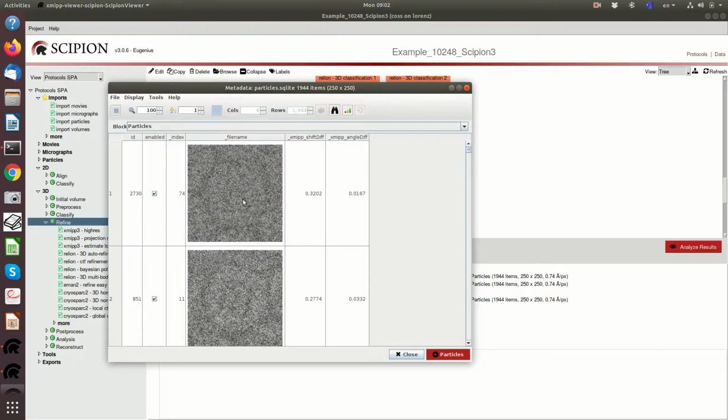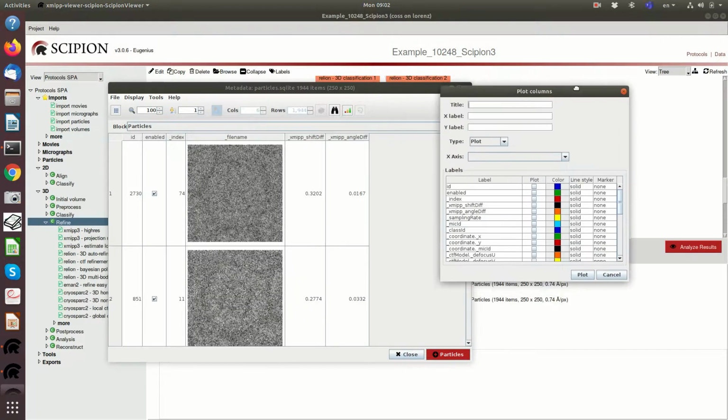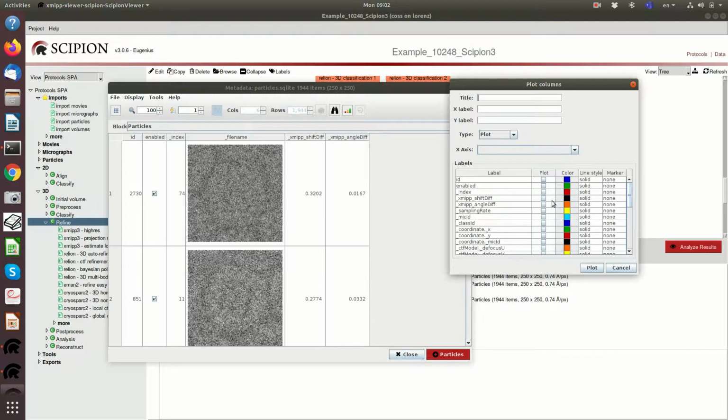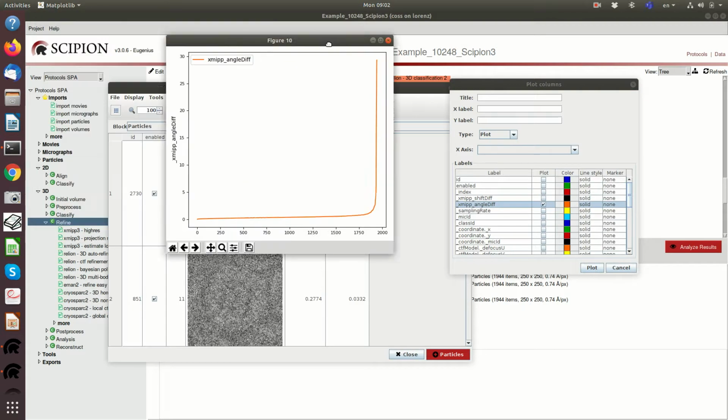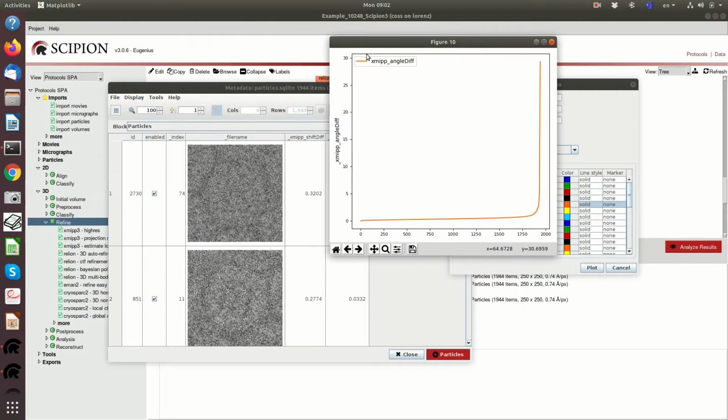So you have for every particle the angular difference and the shift difference, and originally they are sorted by angular difference. So you can make a sort and see the plot of angular difference between the two. Y is the angular difference, and most of them are within 1 degree of error in the 3 Euler angles.